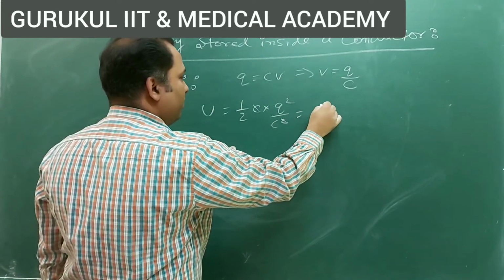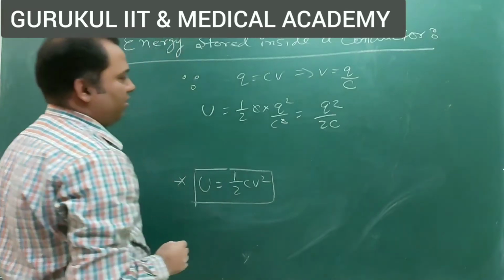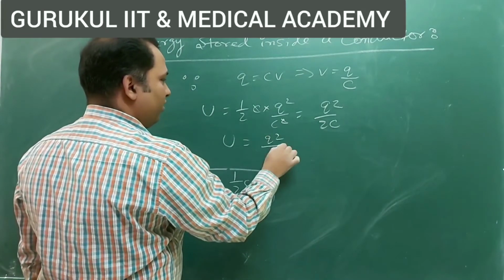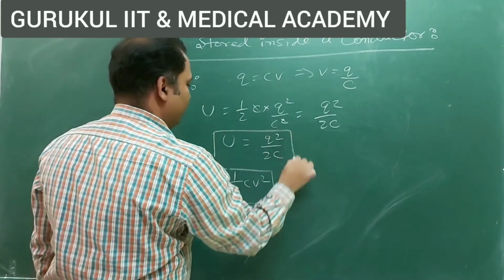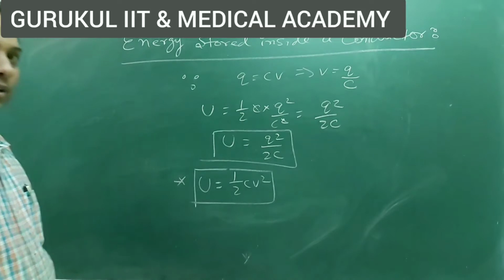So it would be Q square upon twice C. This is another formula, so please note down.